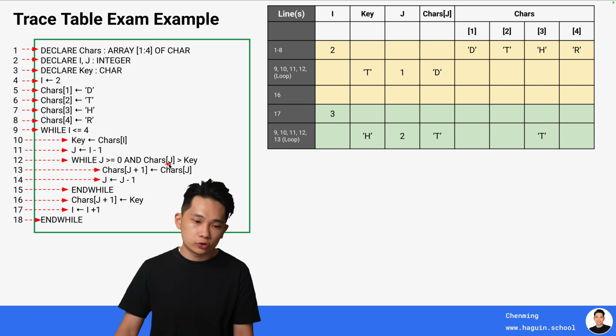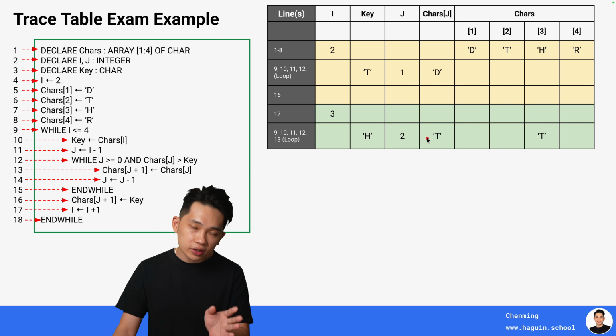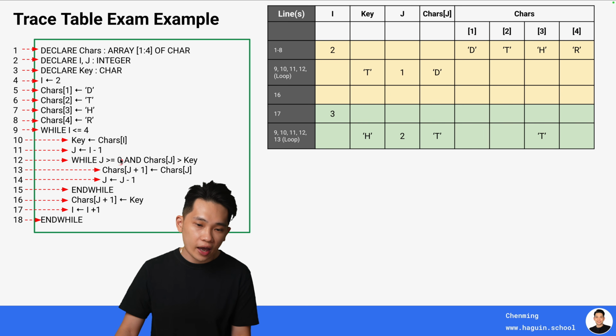And chars j is more than key. So what is char j at the moment? Chars 2 at the moment is going to be t. So does t more than h? Right now it fulfills the condition because t comes after h in terms of alphabetical order. So we have to go into these loops. We have chars j plus 1 is equal to chars j.